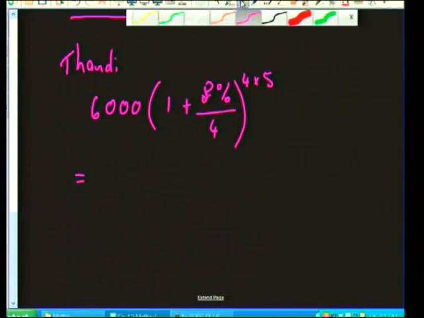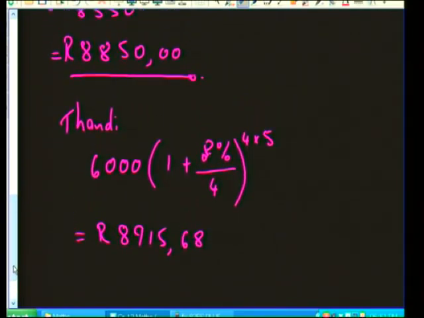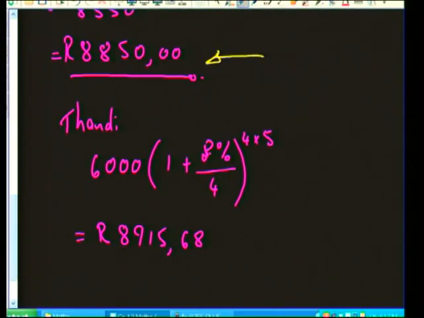Right, let's write that down. It'll be 8,915 Rand and 68 cents. Let's slip up and compare. Well, there we had Radesh. There we have Tundi. Tundi will have more money.